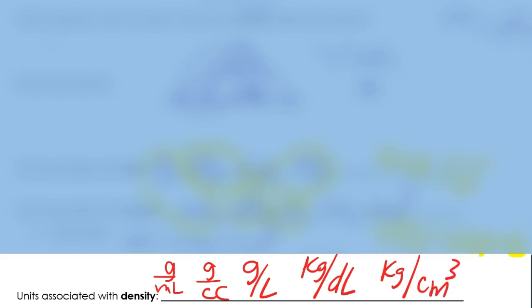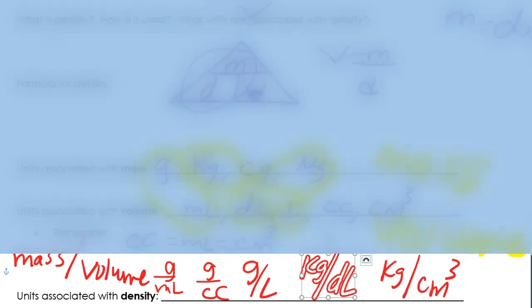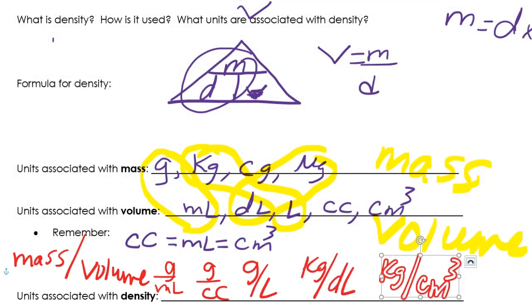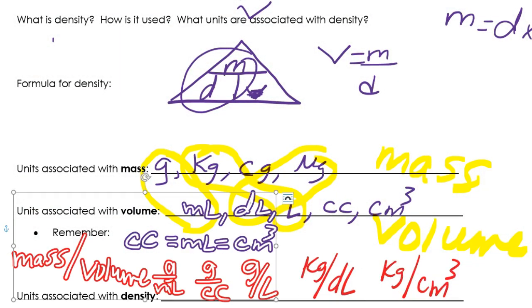In other words, you're going to have some type of mass per volume. So don't overthink that process. Just remember your units. Now, we're going to scroll on down and I am going to give you some further examples here.